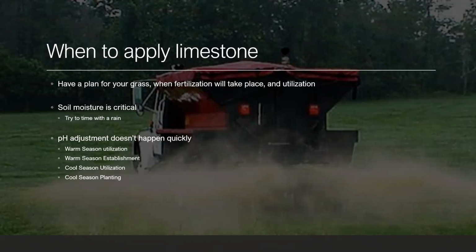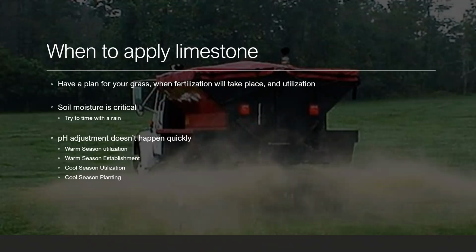I know I did, and you probably did as well. They were applying nitrogen yesterday for the most part to try to get these cool season grasses to really take a spark from that rain that we had last time. So we're looking for quicker results when we fertilize. Limestone application is more long-term results. It may take us a couple of applications of limestone to get that soil where we want it to be, but it's not going to be the quicker fix like fertilization is going to be.